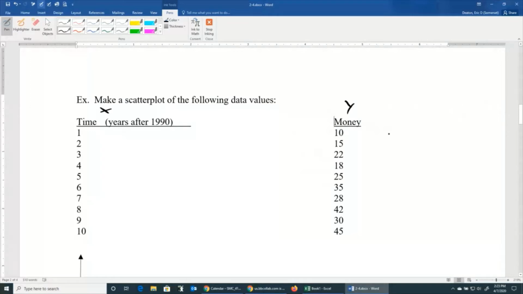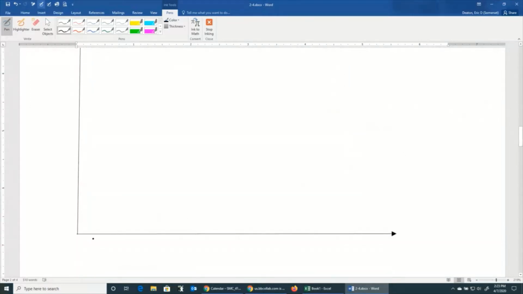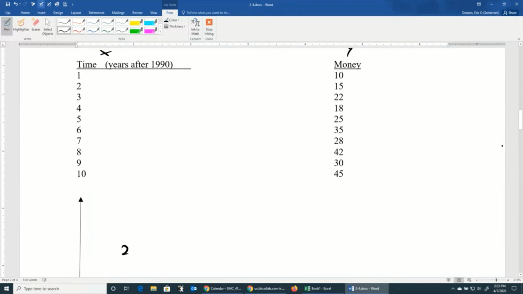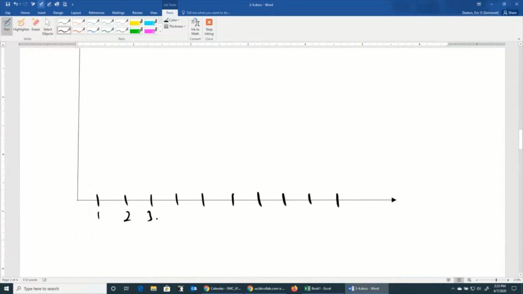Notice we go from 1 to 10 on the x-axis, so I'm going to label the x-axis from 1 to 10, trying to be consistent, meaning having everything spaced apart equally. If you have graph paper, this would be even better to use.